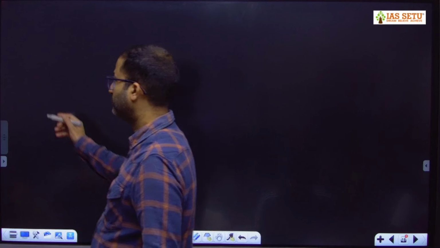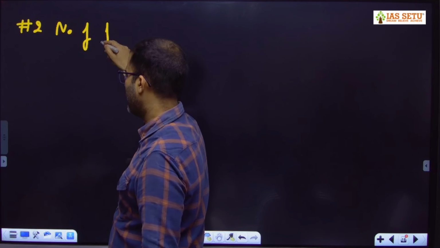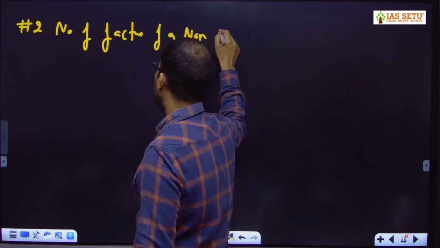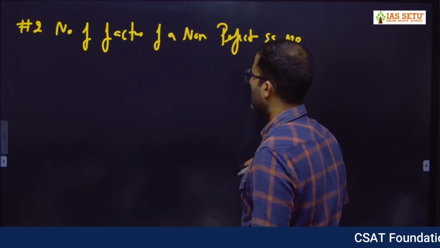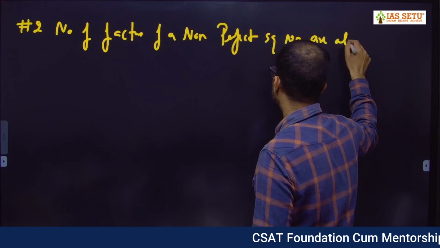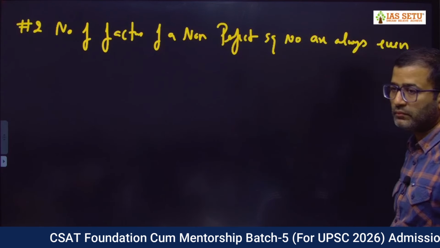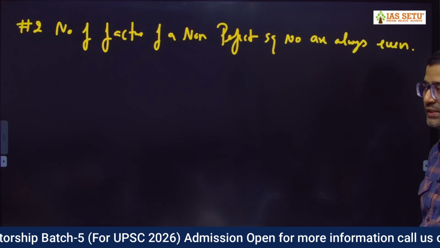Observation number 2. Number of factors of a non-perfect square number are always even.